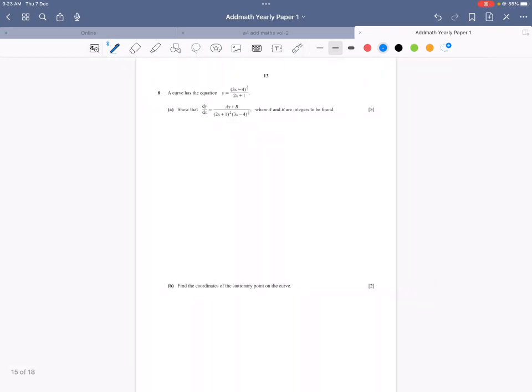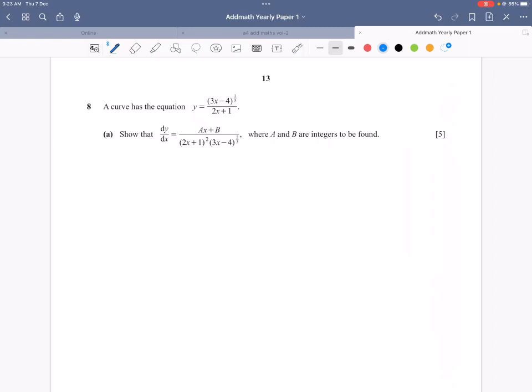Moving towards the next question, question number 8. A curve has the equation y equals 3x minus 4 to the power 1 upon 3 over 2x plus 1. Show that dy over dx equals this. So we have y equals 3x minus 4 to the power 1 over 3 divided by 2x plus 1. We need to apply the u upon v quotient rule. So u is 3x minus 4 with the power 1 upon 3.